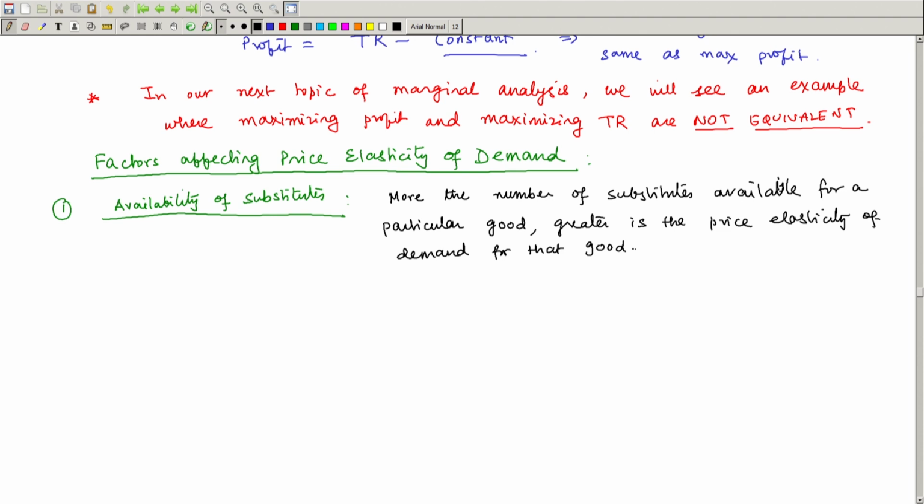The example that I gave was for the pens. So when a good has fewer substitutes, let's say that there are not many substitutes available for this particular pen, when the firm raises the price, I cannot switch towards consuming other goods. I am forced to continue using this particular pen. So when a good has fewer substitutes, demand tends to be relatively inelastic.